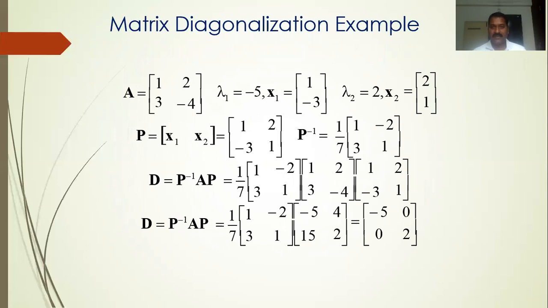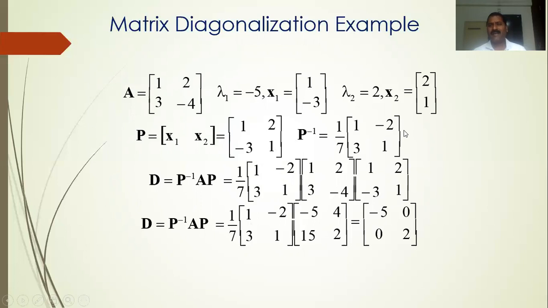Suppose the eigenvectors are 1, minus 3 and 2, 1. Then we construct a model matrix P taking these eigenvectors as columns. The first column is 1, minus 3 and the second column is 2, 1. Then P inverse does exist.